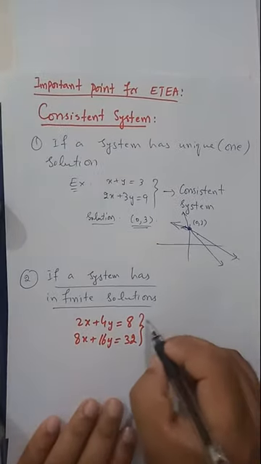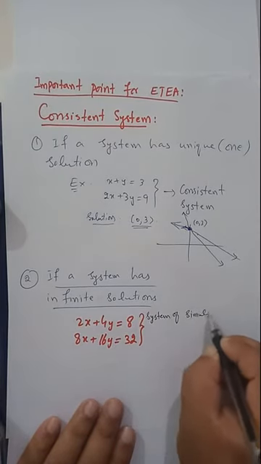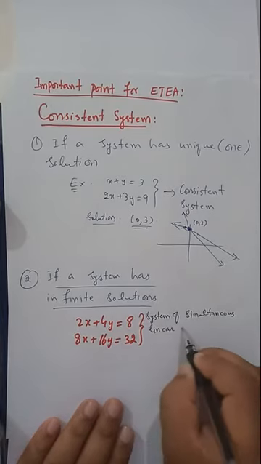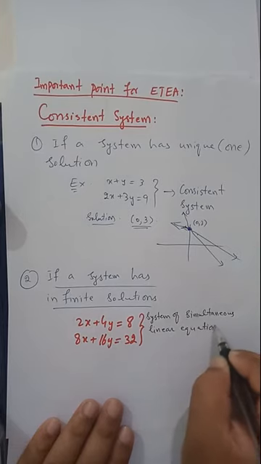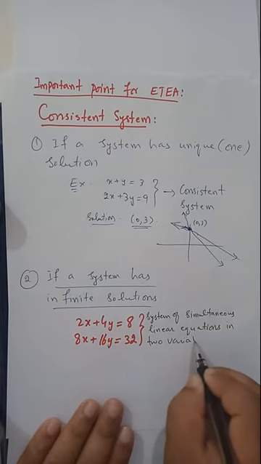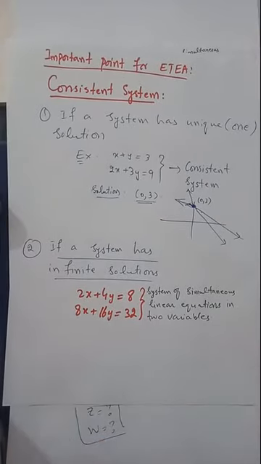So this is a system of simultaneous linear equations in two variables. If you solve this using the method of elimination and substitution, by equating the coefficient of one of the variables and then adding or subtracting to get the value of one variable, and then substituting that value in one of the equations, you get the value of the other variable.